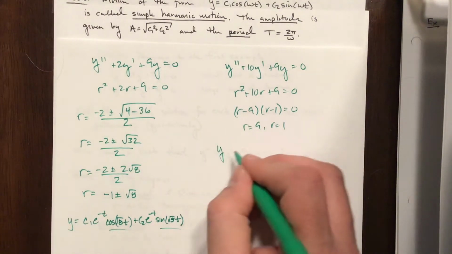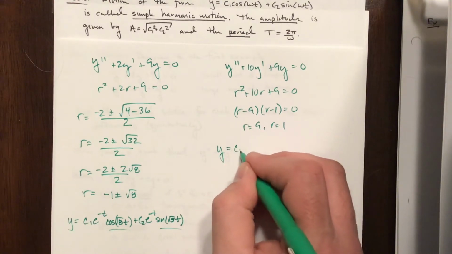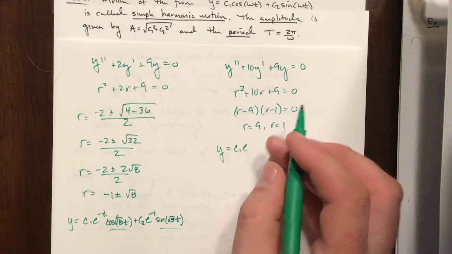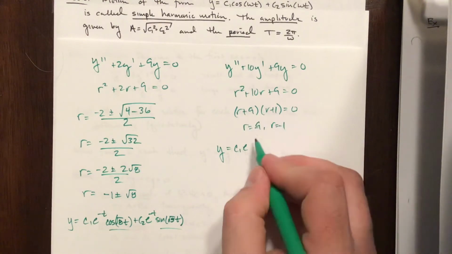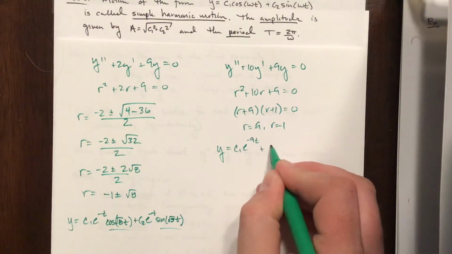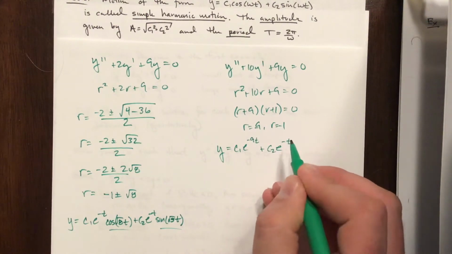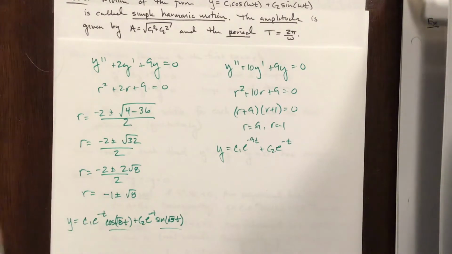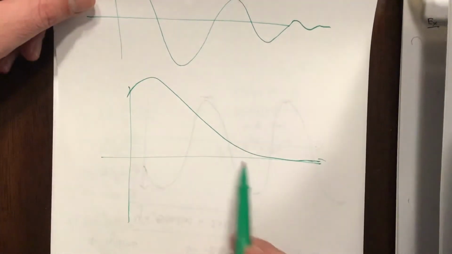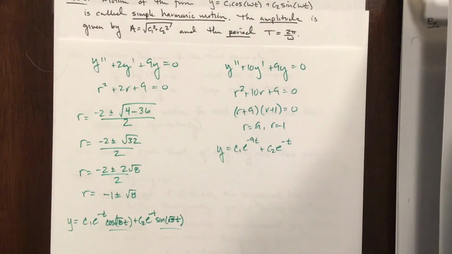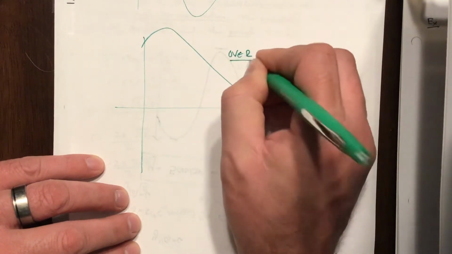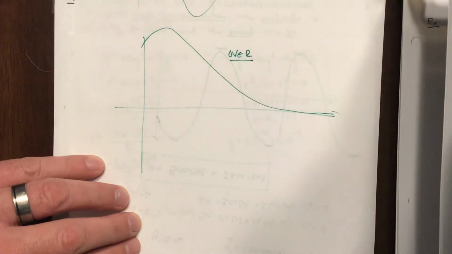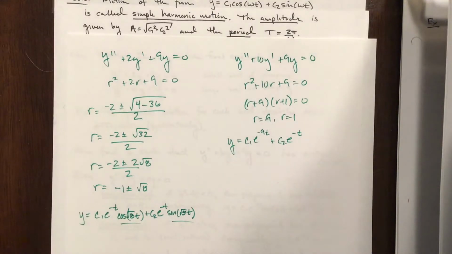So our solution looks like y equals c1 e to the, oops, these are negative, -9t plus c2 e to the negative t. And that is going to more or less mimic this right here, more or less exponential decay. And so right here, this is overdamping.